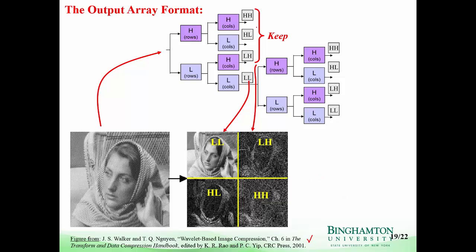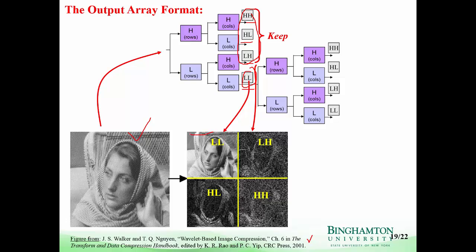After we do one stage, we get 4 sub-images, and that's the term people use. We keep these 3 that have an H in them, and you can see that I've labeled them down here. And the L we put here. You remember, these are half the size in each dimension, so they fit perfectly into the spot where the original image was.